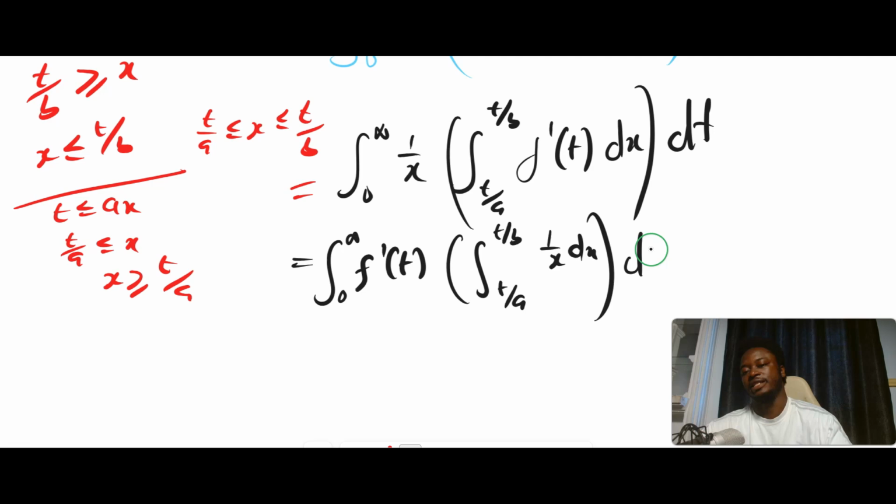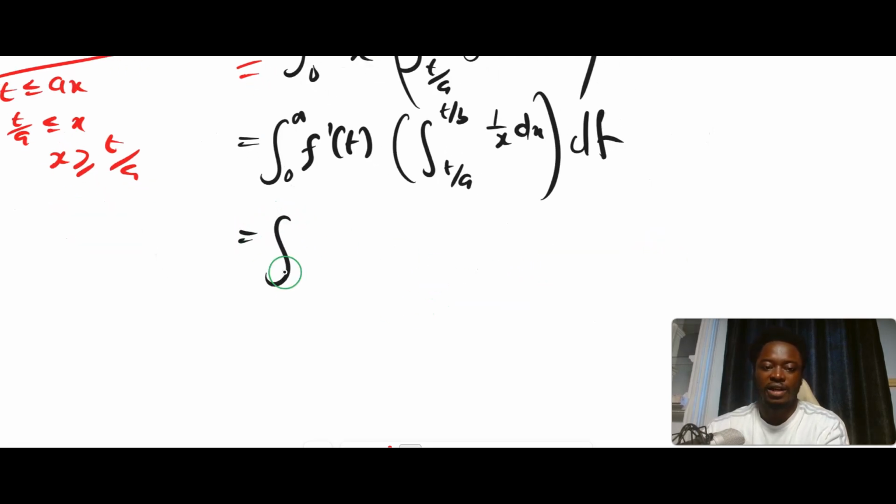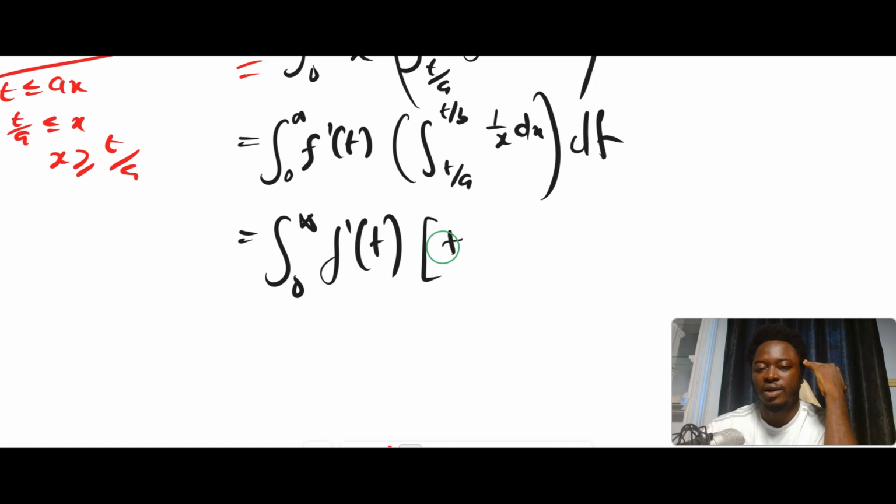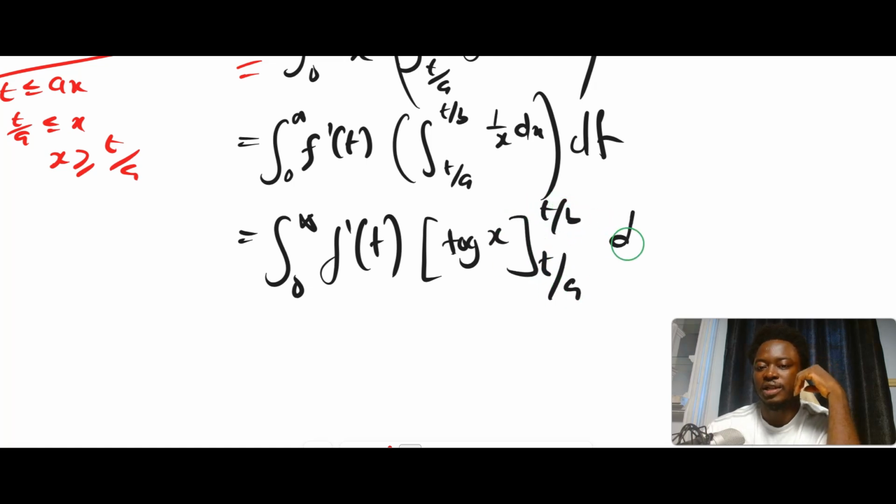Then you have dt. So essentially this will give you the integral from 0 to infinity of f prime of t. Then in this case you have log x from t over a to t over b, then dt.